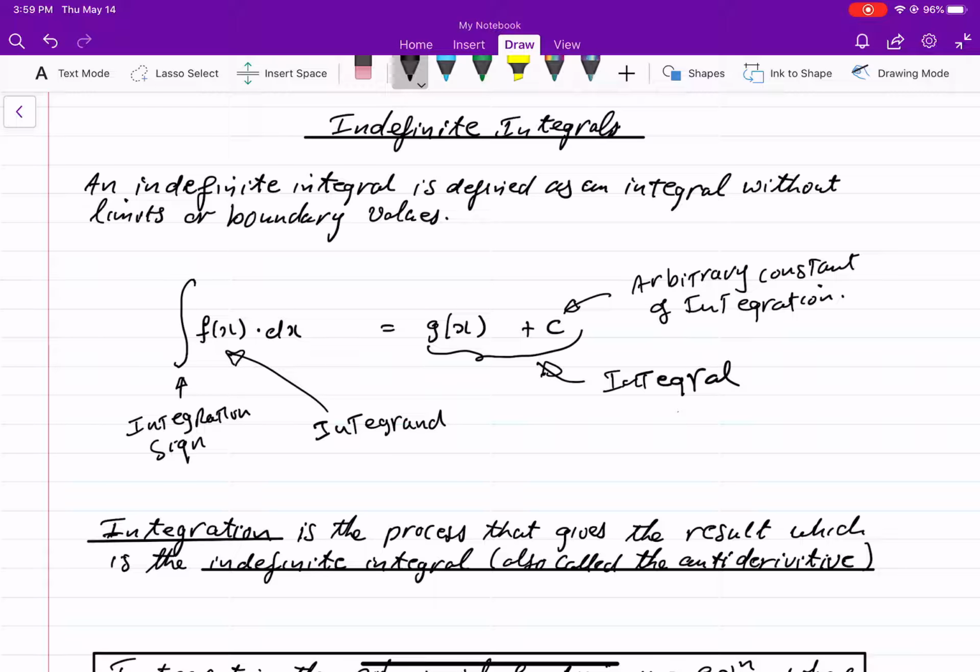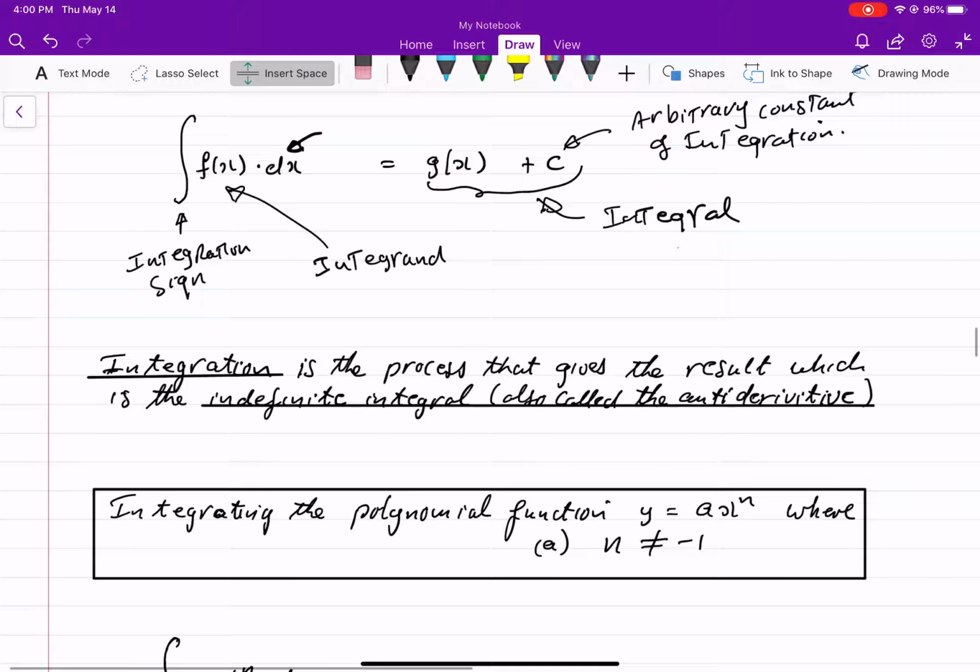By the way, I noticed I didn't identify this dx. The dx is usually like a tag along that tells you the variable of interest. So if I'm integrating a function of x, then I have to tag along dx. If I'm integrating a function of y, I'll have to tag along dy. And in fact, it gives me some other information as well.